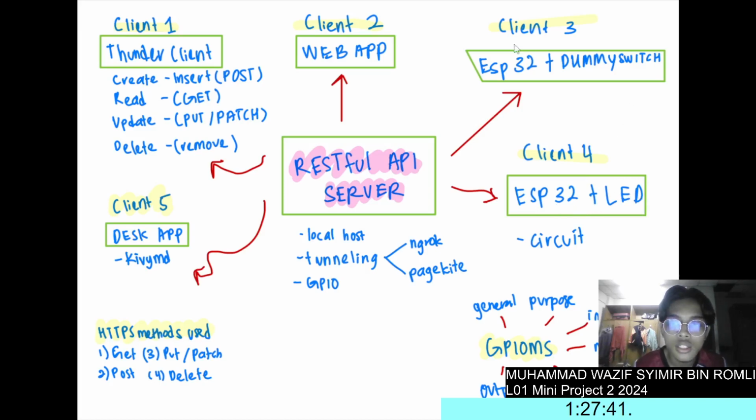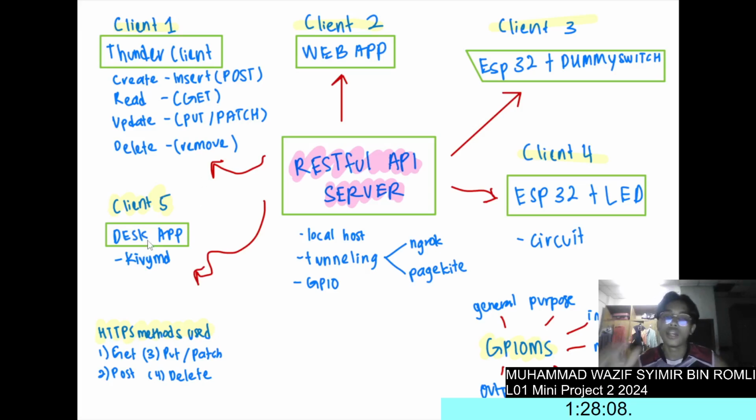This is also a hardware device that controls the LEDs, and we need to build the circuit for this client 4. Lastly, client 5 is a desktop app. This is a desktop application for managing the GPIO pins, and we use the KVMD for client 5.